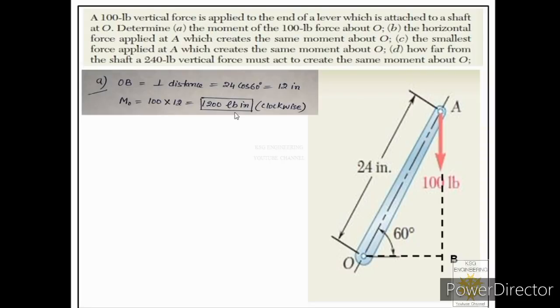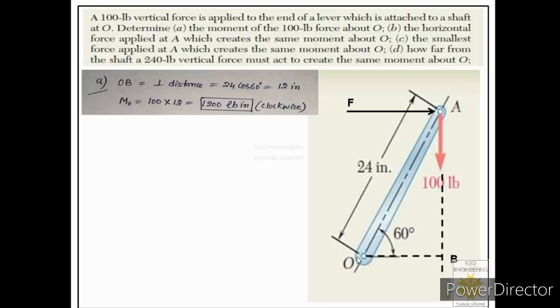Fine. So let us draw a horizontal force at A. Now we have to find its magnitude. Let us say it is F. And it is provided that this force is also generating the same moment about O. So in order to find its magnitude, again we will think about the formula of moments. The formula of moments is moment is equal to force into moment arm. Now the moment for the B part is given to us.